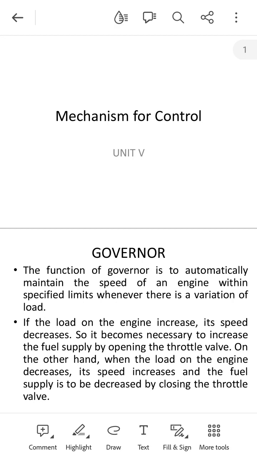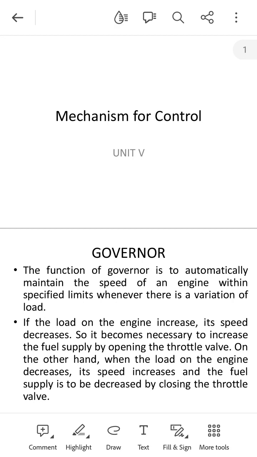The function of a governor is to automatically maintain the speed of the engine within specified limits whenever there is a variation of load. If the load on the engine increases, its speed decreases, so it becomes necessary to increase the fuel supply by opening the throttle valve.